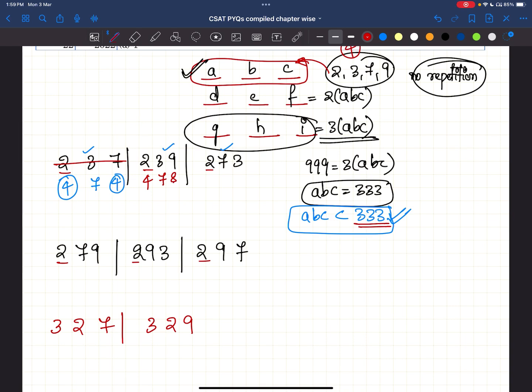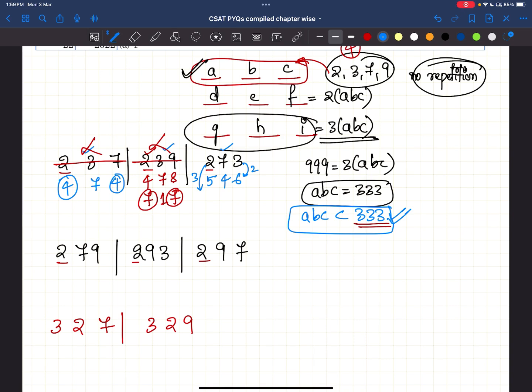Now let's take thrice this number, the third row. What will it be? See, these numbers are repeating, so even this can't be the number. Now the second row of this number, you get, right. This is 2 times, and now we are taking 3 times.